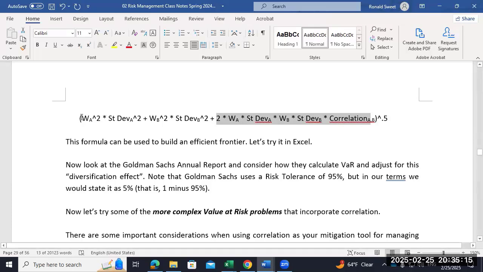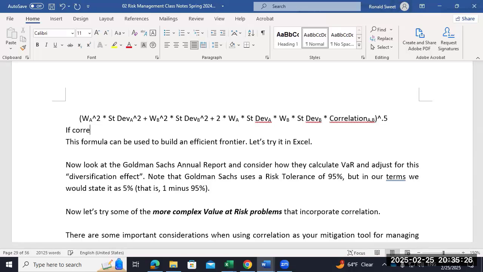So what is the most important number in this thing? If correlation is 1, what do you end up with? You end up with the weight of A times the risk of A plus the weight of B times the risk of B. If they're perfectly positively correlated, you just take the weighted risk, just like you do with return, right?